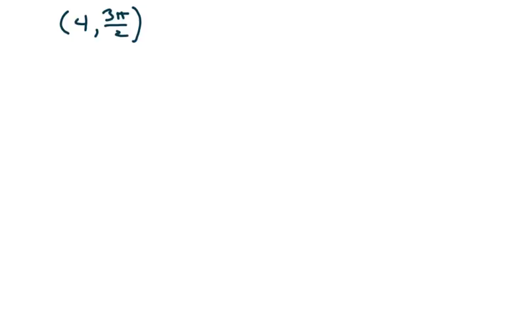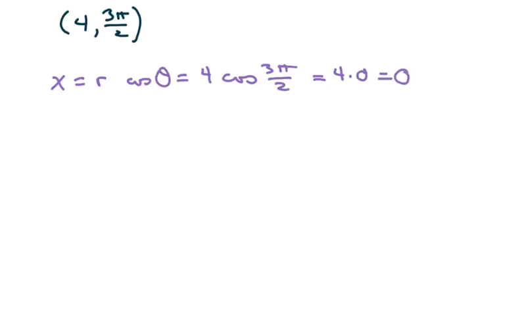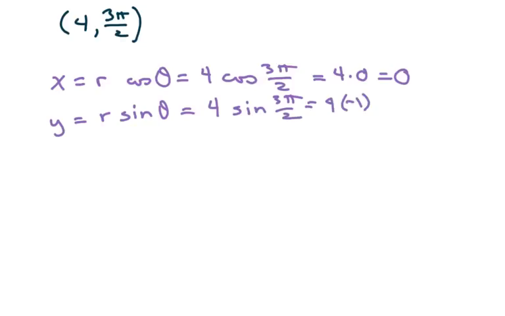So x equals r times cosine of theta, which equals 4 times cosine of 3 pi over 2, which equals 4 times 0, which equals 0. Our y equals r sine of theta. It's 4 times sine of 3 pi over 2, which equals 4 times negative 1, which equals negative 4. So it's 0, comma, negative 4 as my x, y.